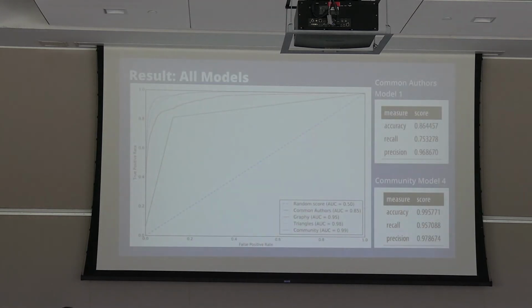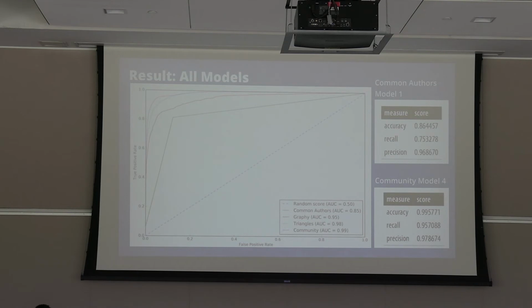And this was the ROC curve and AUC that we got out of it. You can see that our random average distribution is that 0.5 going straight up into the right. And it's a little bit hard to see maybe, but with just our common authors model, so just dumping the data into Neo4j and looking at the relationships, we were able to get a 0.85 AUC with that green line.